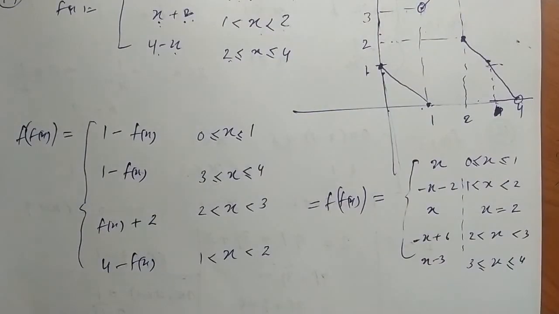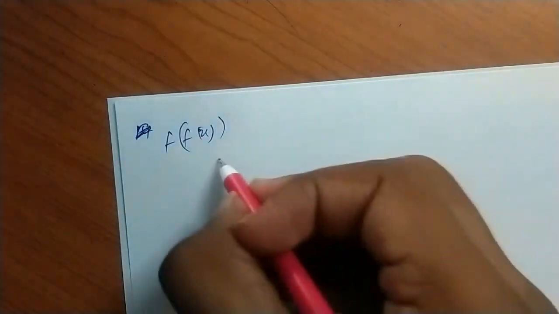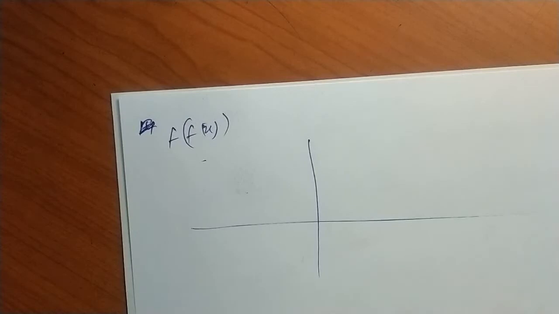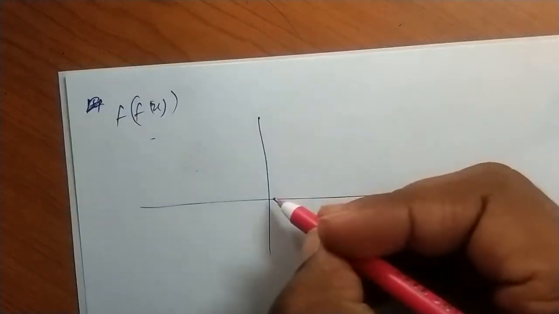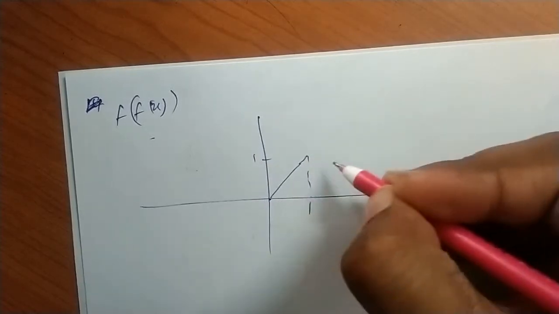Okay, so now let's check continuity and differentiability of the function. Let's draw the graph for this. So we'll draw the graph of f of f of x. Between 1 and 1, this will be the line.